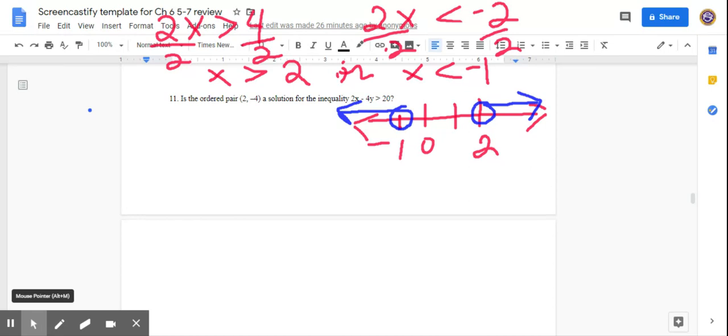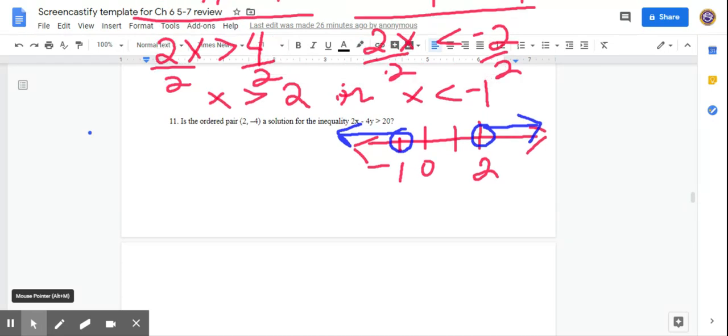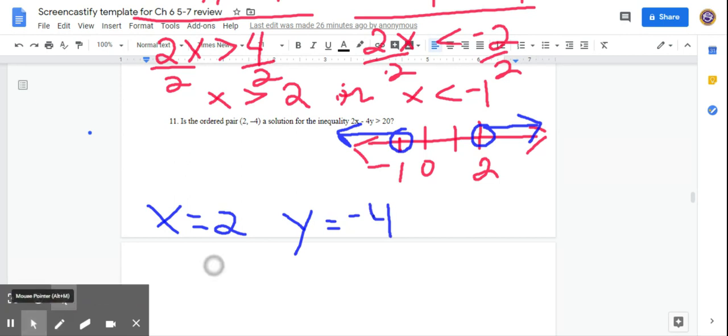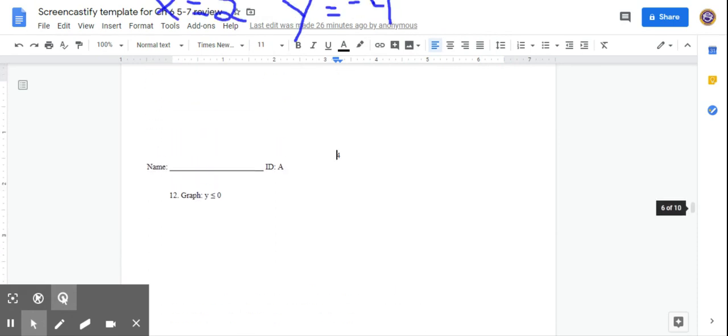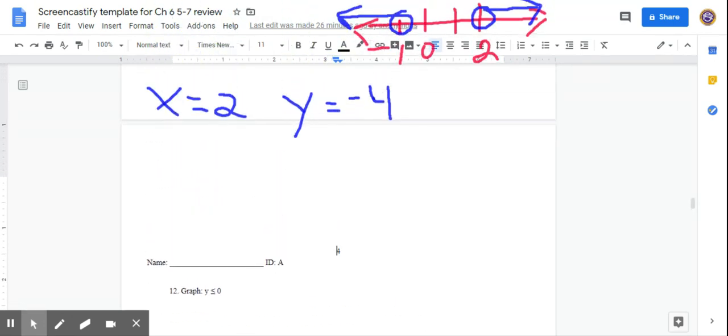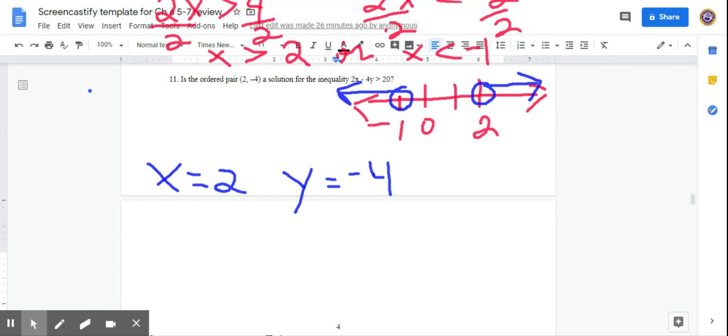So we know that the ordered pair is 2, -4, so x equals 2 and y equals -4. So now you're going to substitute those two values into the inequality, okay?